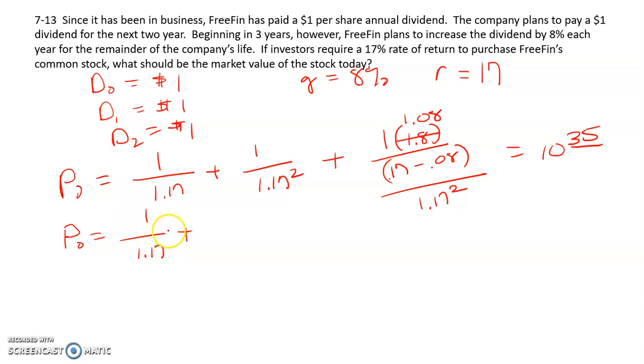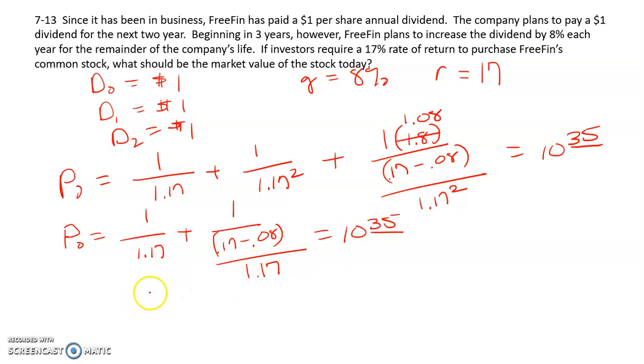Now, since D2 is going to grow at 8% perpetually, we can divide that by R minus G, 0.17 minus 0.08, and so that gives us the price in year 1. So we divide that 1 year, divide by 1.17, and then we should still get $10.35.